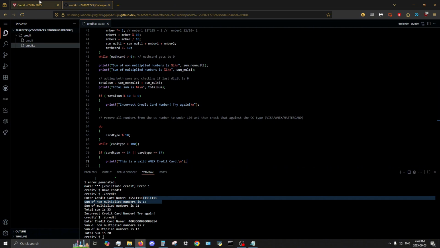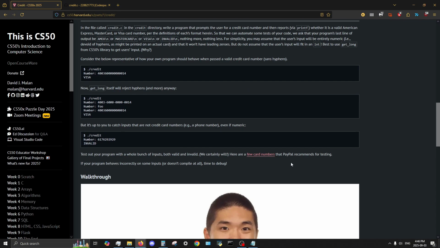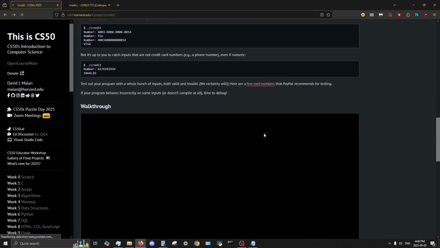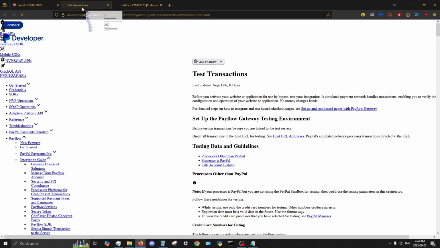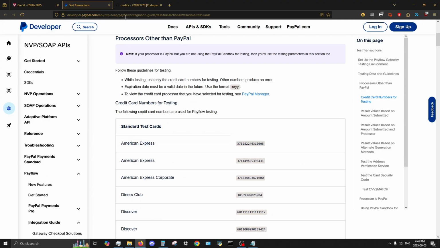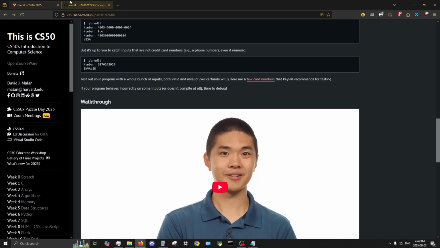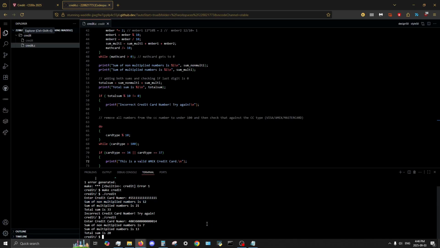Alright, they gave us three card numbers. Here's an unused card type.